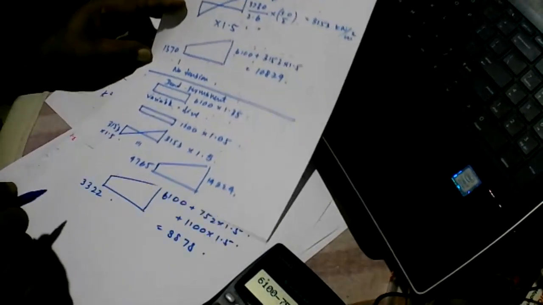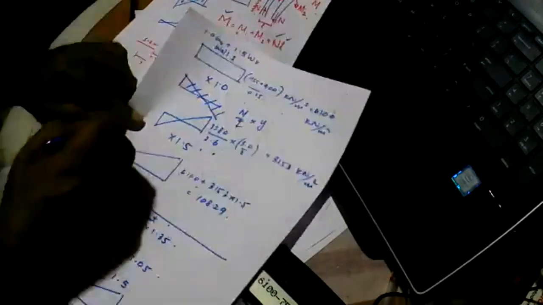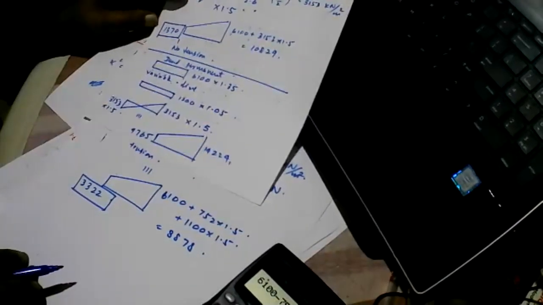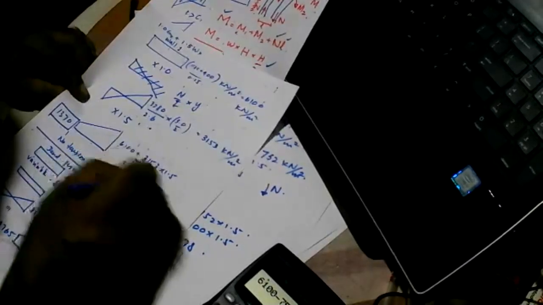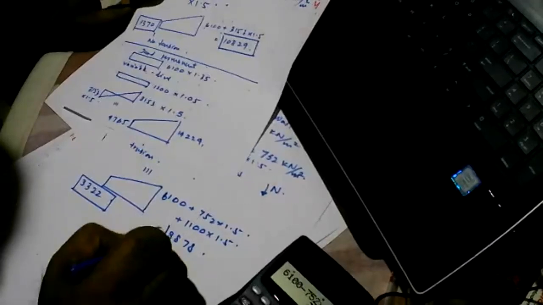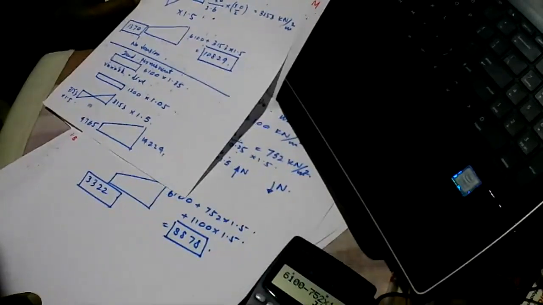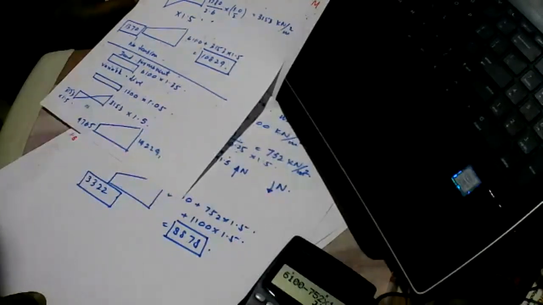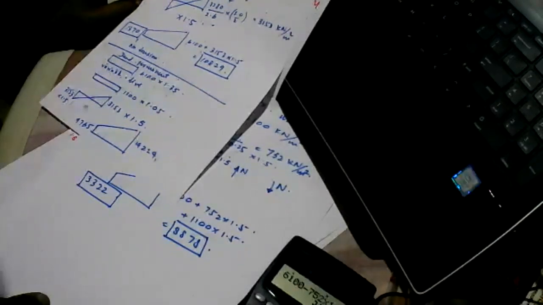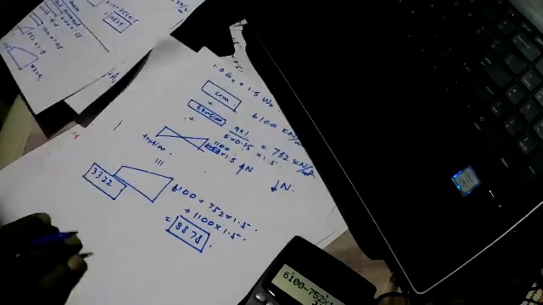Now we are getting 3322, which means the effect of tension is reduced. And if you look at the compression, that also has reduced. Compression has reduced, tension has reduced. So, which means the coupling action has a definite advantage.